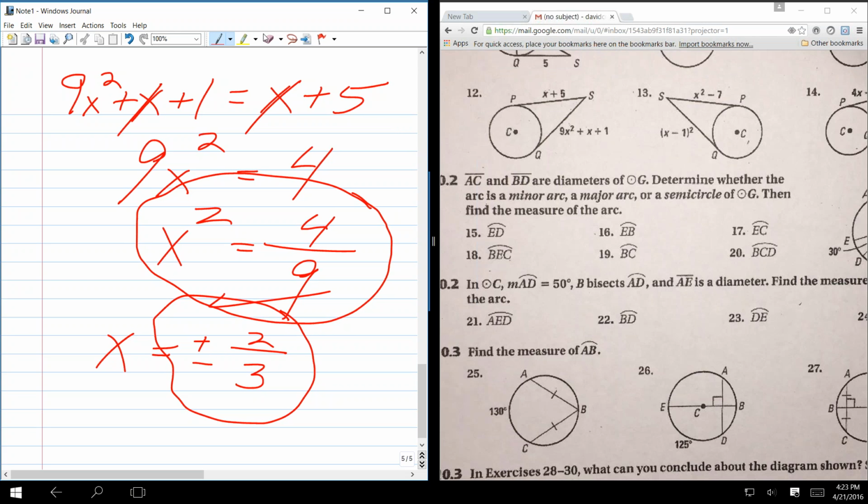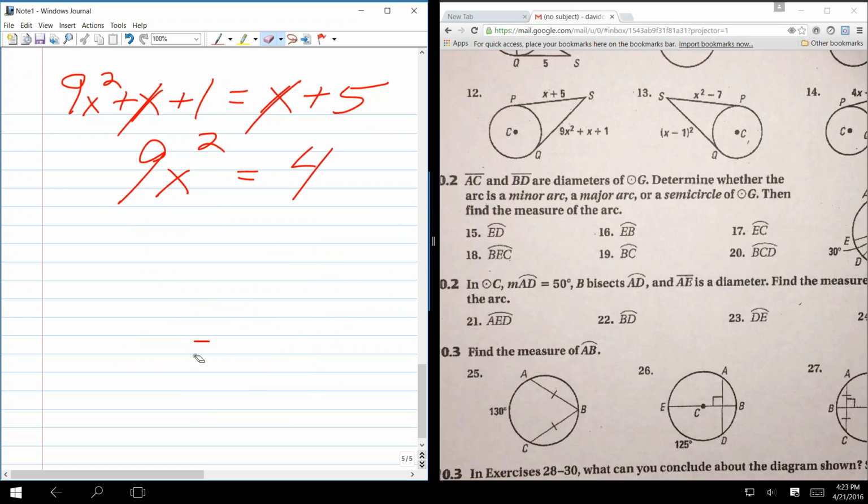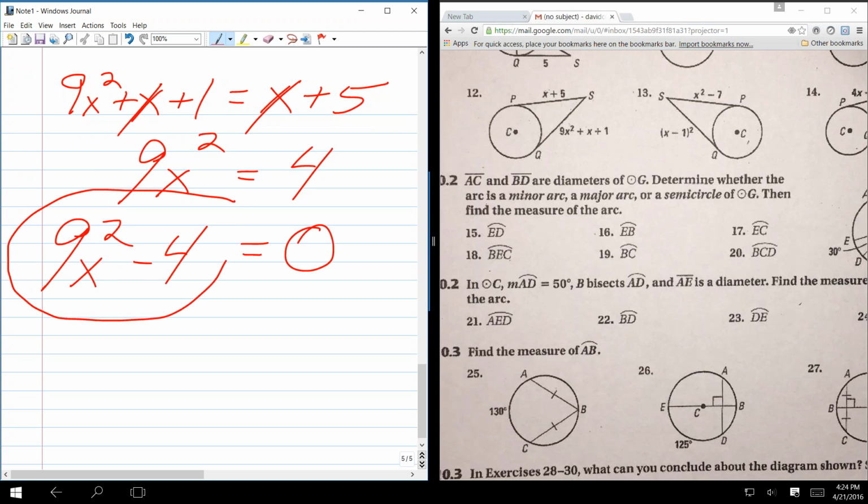Okay? Now, since 95% of my students miss that, let's do this problem a different way. Let's subtract 4 from both sides. What's that called? It has a name that you don't ever want to forget.